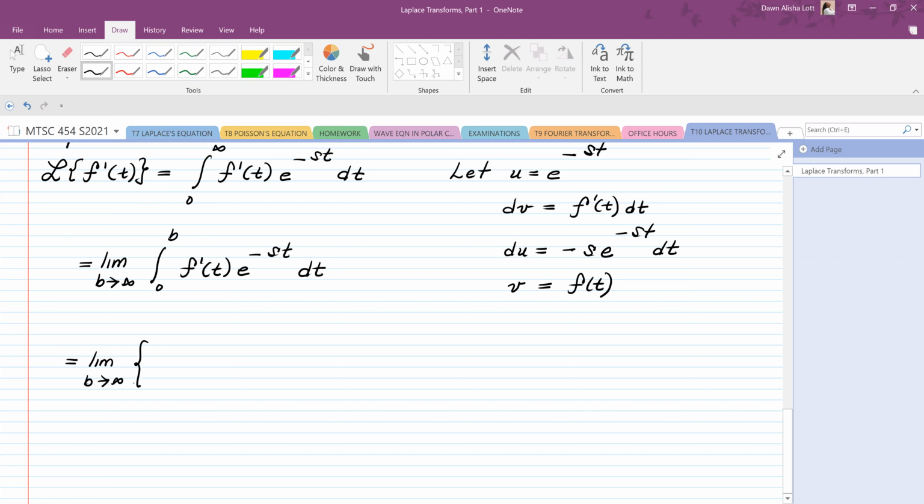So we're going to get uv, so uv is going to be f of t e to the minus st evaluated between 0 and b, minus the integral from 0 to b of v, which is f of t, du. And du is minus s e to the minus st dt.